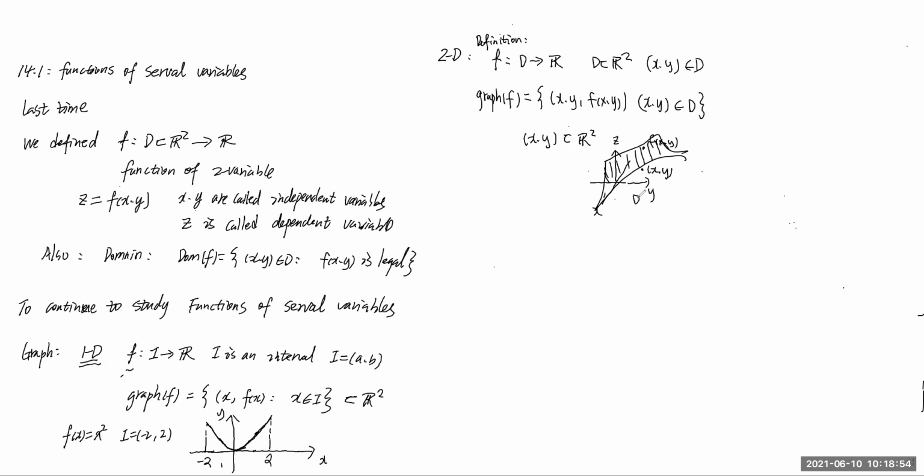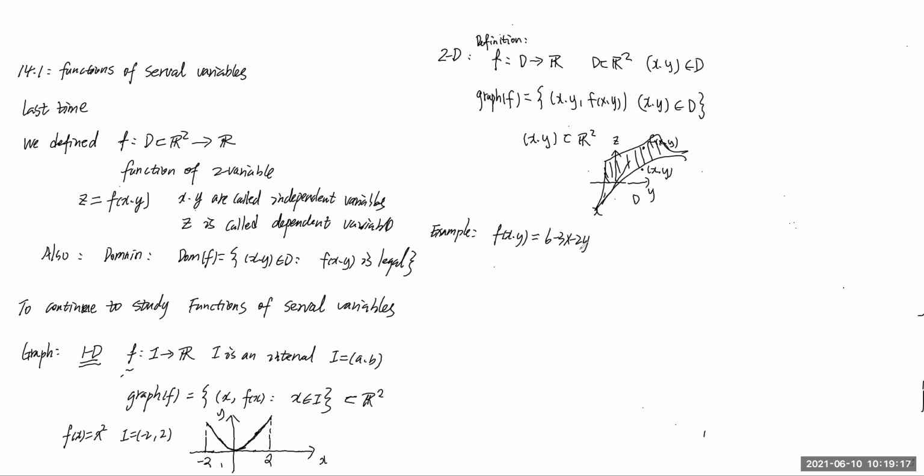Okay. So let's first try a very simple one. Now we have a function f(x, y) equals 6 minus 3x minus 2y.